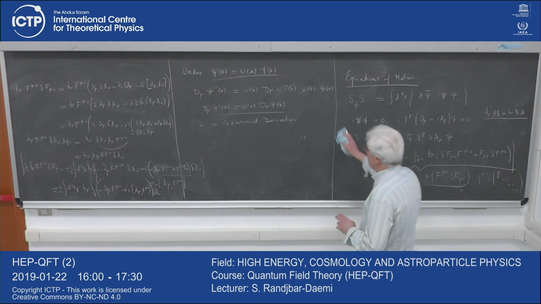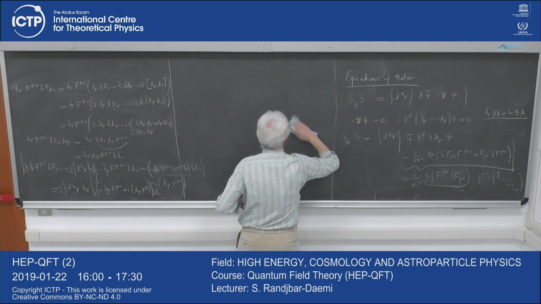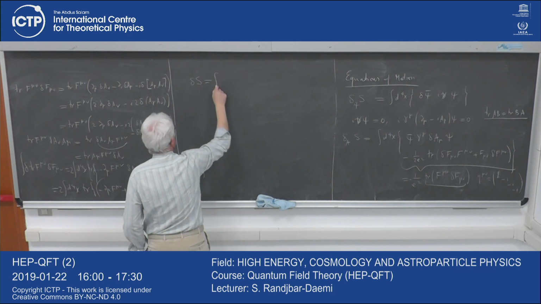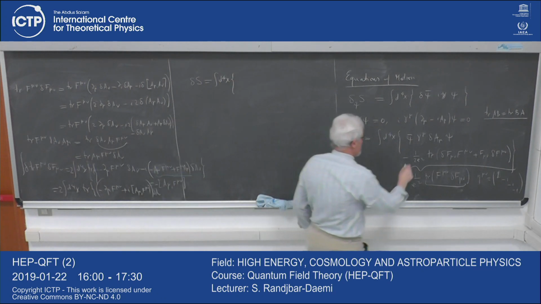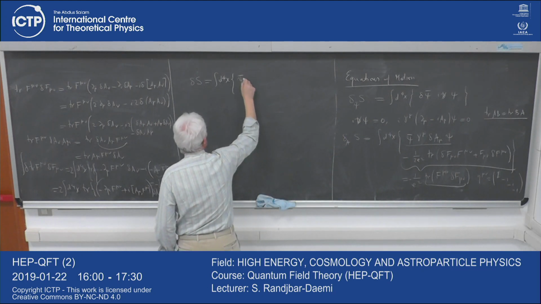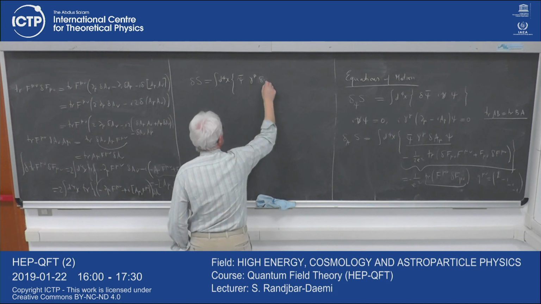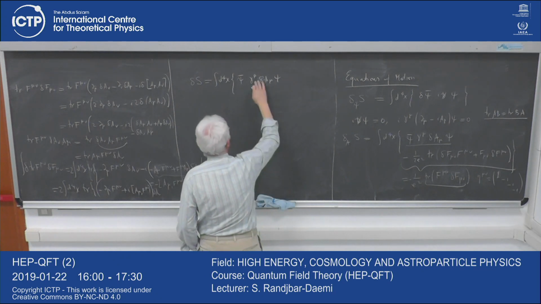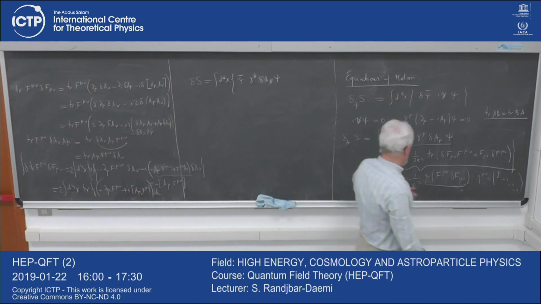Let's put everything together and construct the variation of the action under the variation of A. So the variation of the action then becomes the integral d^4x. There's this term coming from the first term, psi bar gamma mu variation of A mu psi. If you also call this mu in order to have the same index as this term.